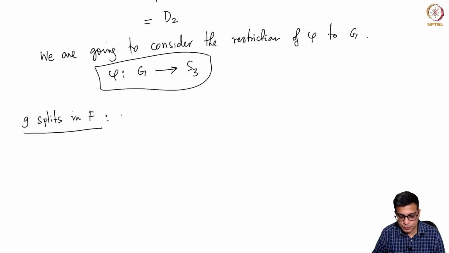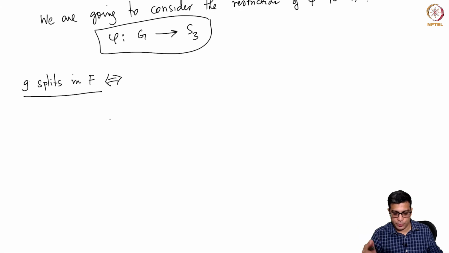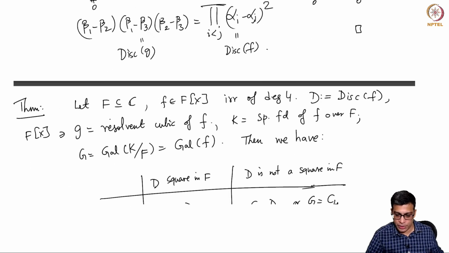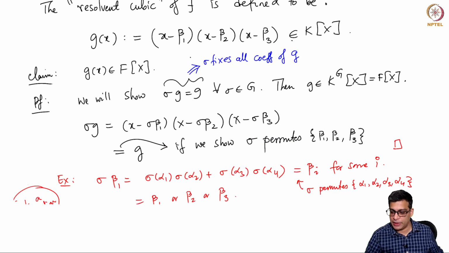That means this is equivalent to splitting. For me always means it's a product of linear polynomials. G is a product of linear polynomials, right? It is x minus beta 1 times x minus beta 2 times x minus beta 3.